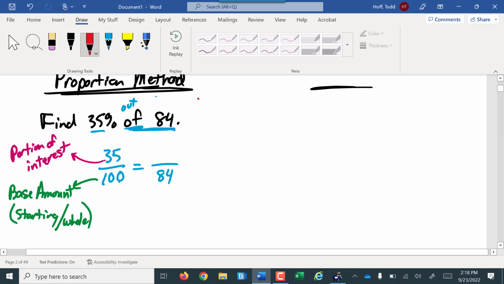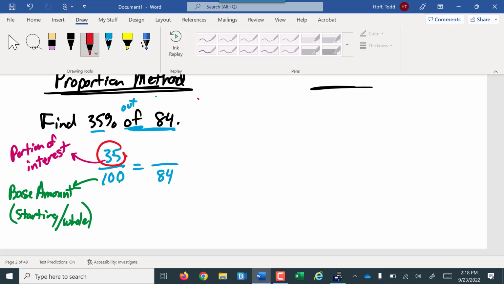What two numbers get multiplied here? 35 times 84, which gives us 2940. Then we divide by the 100 to get 29.4. So 35% of 84 is 29.4.